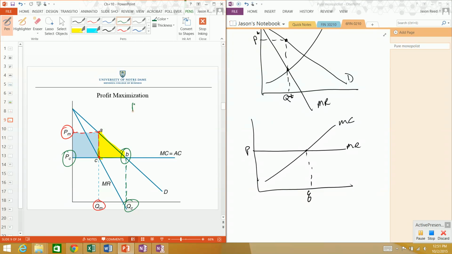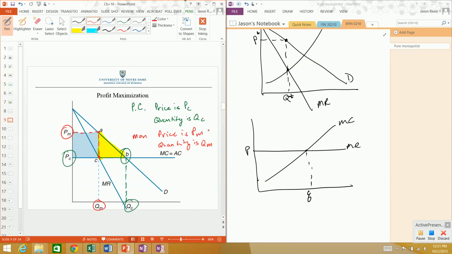So for perfectly competitive firms, price is PC, quantity is QC. For a monopoly, price is PM, quantity is QM.